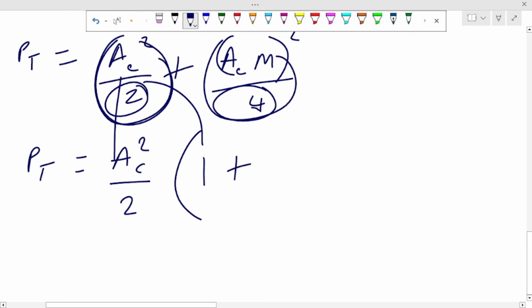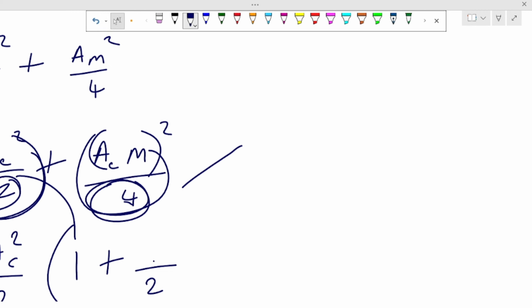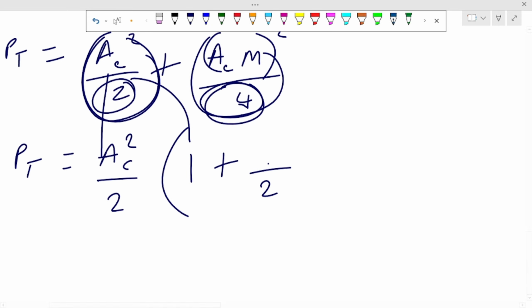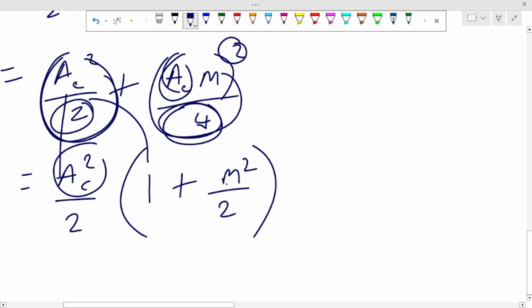This 2 out, 2 divided by this will give us 2 left now because we have taken 2 out. So that way, what will be left inside? M squared, because AC squared has already been taken out.